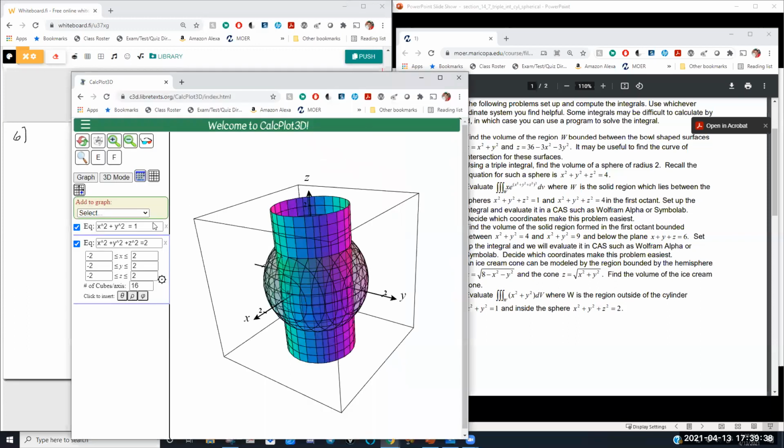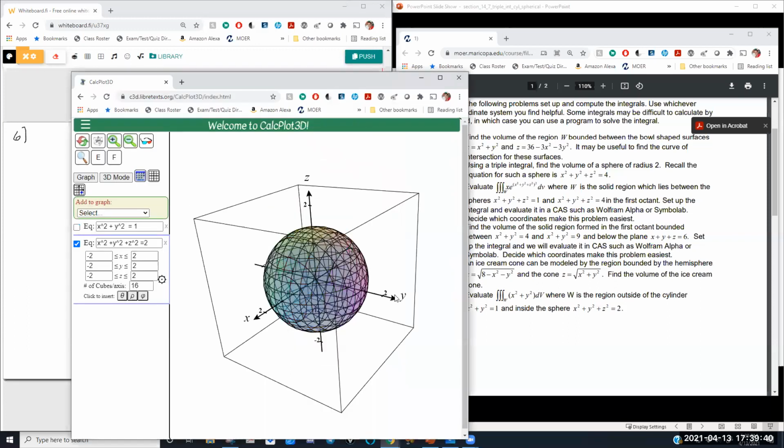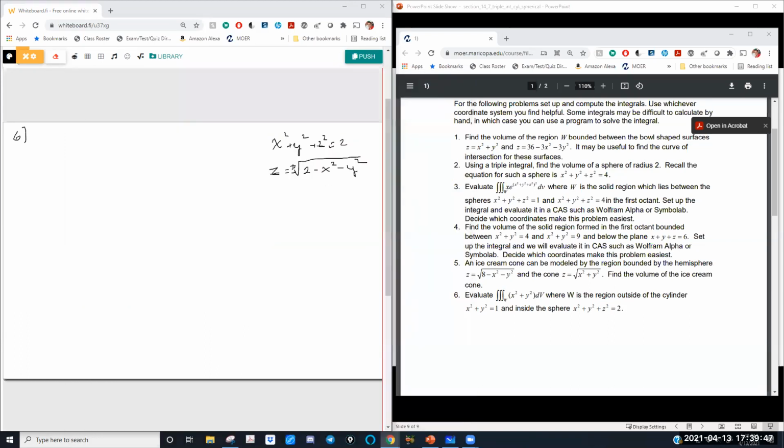So what I'm doing right now is pretending like the cylinder doesn't even exist. I'm just going to set up the integral for our function over a sphere in rectangular. And it's not pretty.